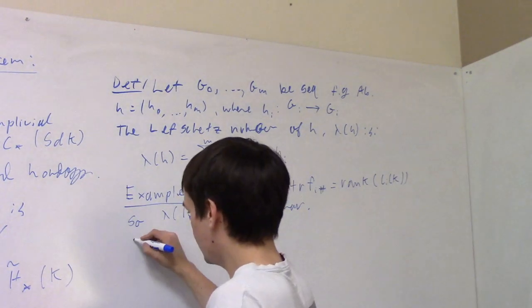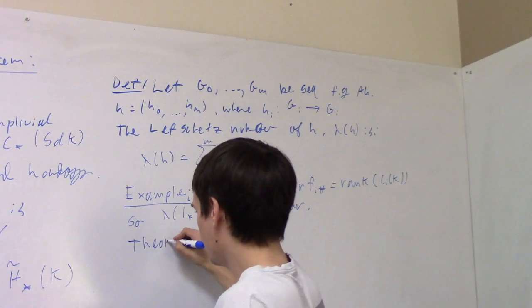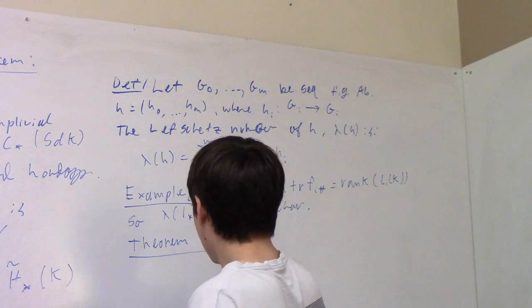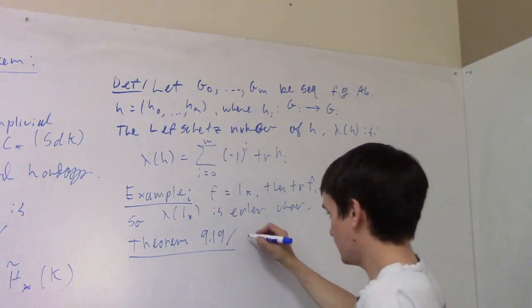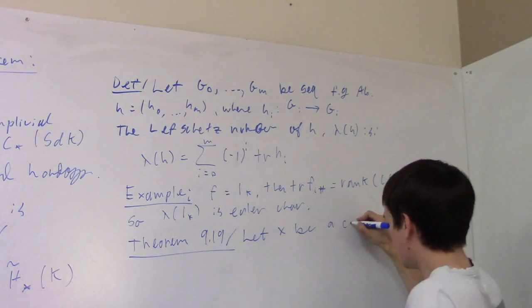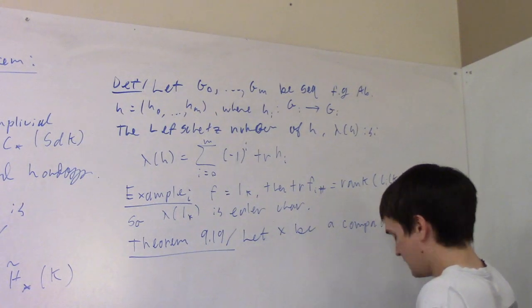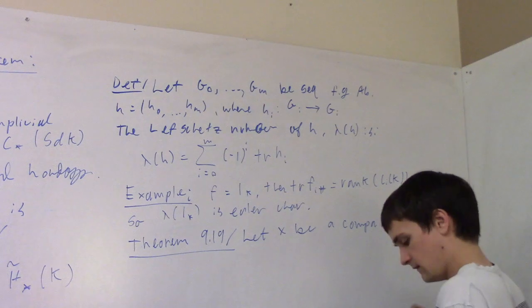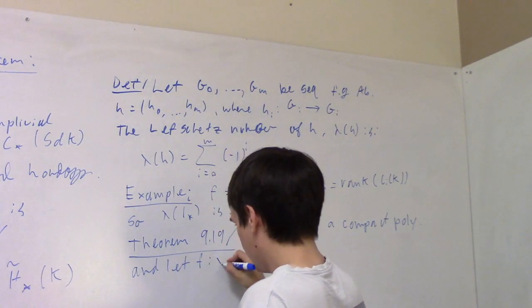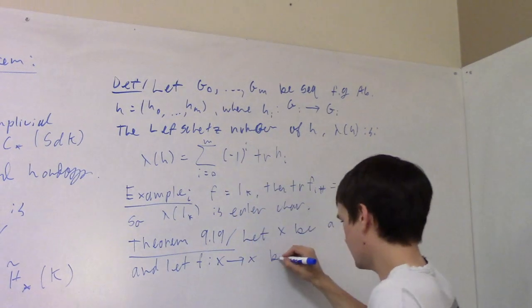Now the theorem, 9.19: let X be a compact polyhedron, and let F from X to X be continuous.